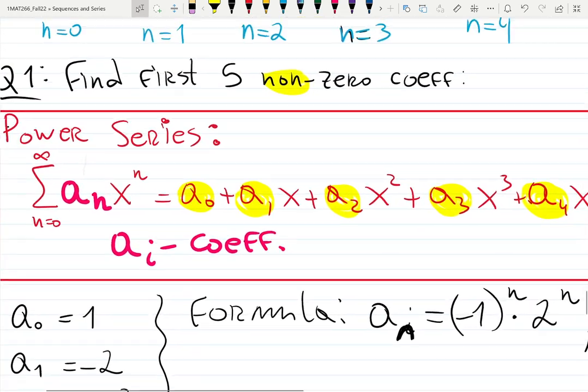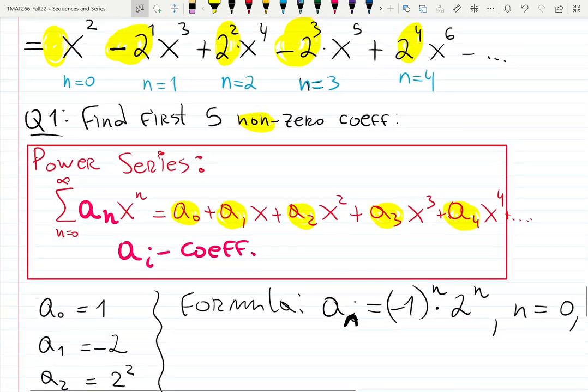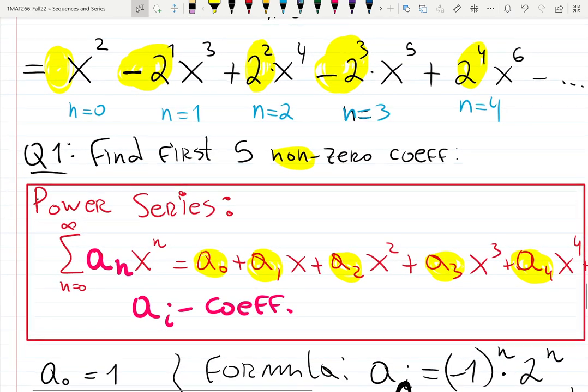Let's see. Here's the formula in front of you. Find differences between what we have and the formula. The formula is a sub 0, a sub 1 x, then x squared, then x cubed, then x to the 4, and x to the 5. Our series is x squared, x cubed, x to the 4, x to the 5, x to the 6. What's the difference? Did you notice?